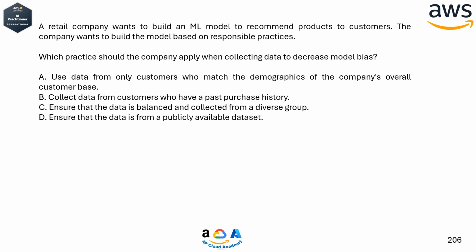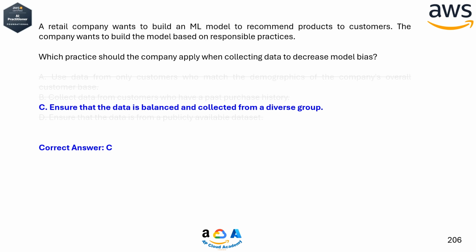B. Collect data from customers who have a past purchase history. C. Ensure that the data is balanced and collected from a diverse group. D. Ensure that the data is from a publicly available dataset. Correct answer, C. Ensure that the data is balanced and collected from a diverse group.